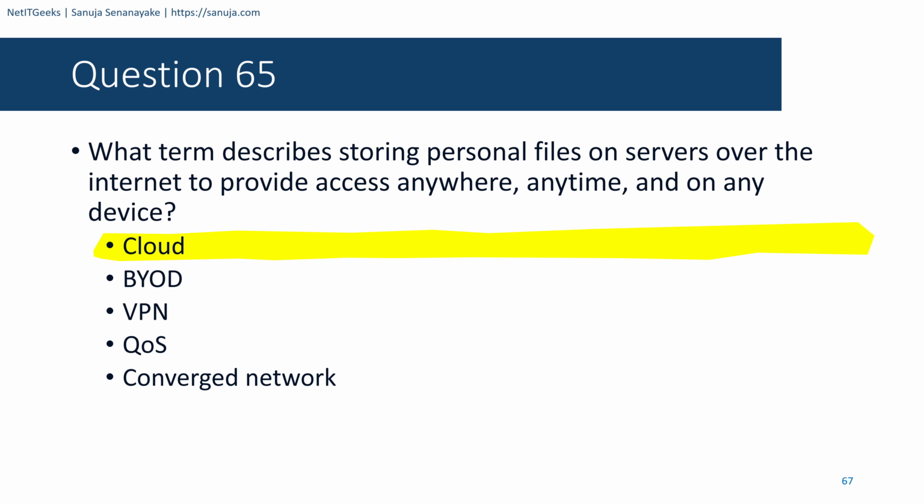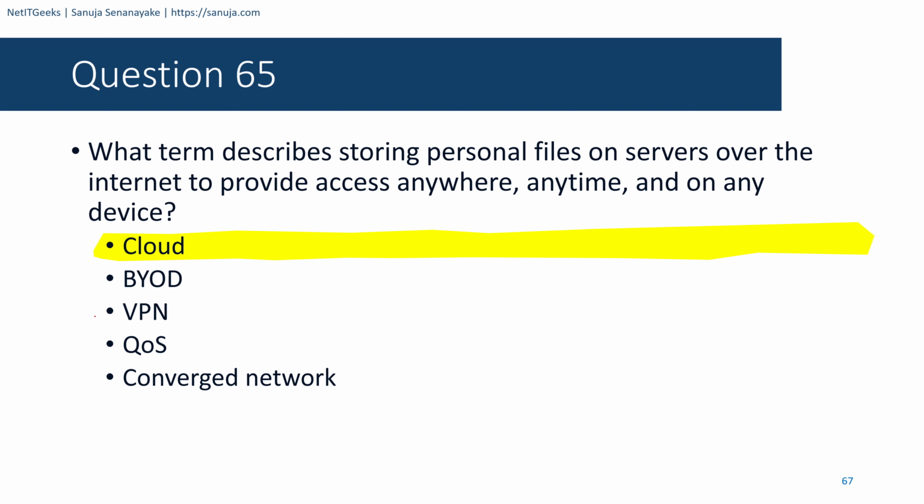Sorry, put files on somebody else's server pretty much, and access from anywhere. Such as the Microsoft Azure cloud, the Google cloud, AWS, etc. It allows you to access not only files but also services from servers, such as Microsoft Exchange hosted on a Microsoft cloud. That's the answer to the question.